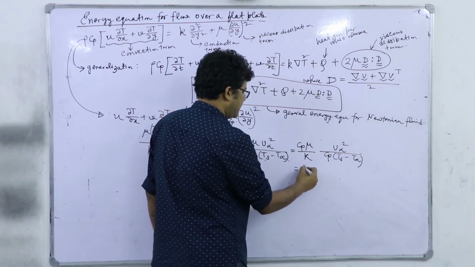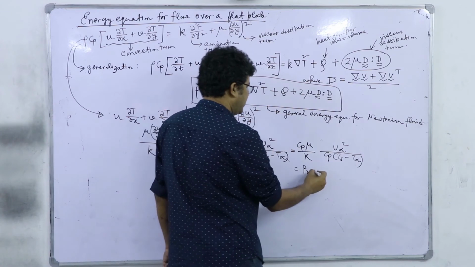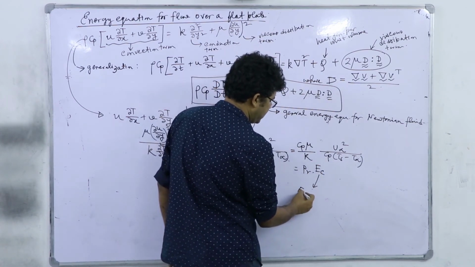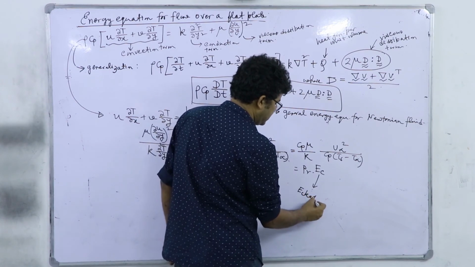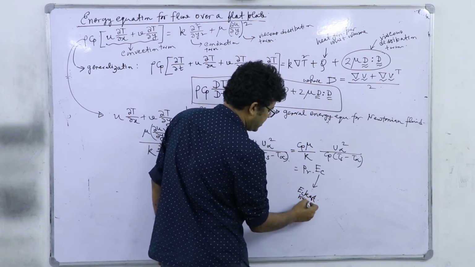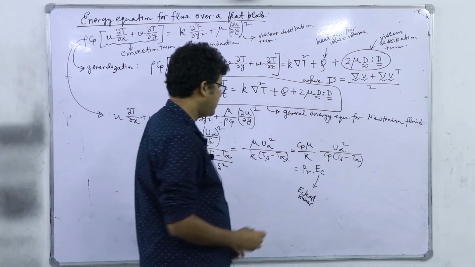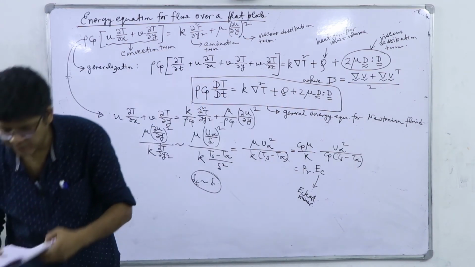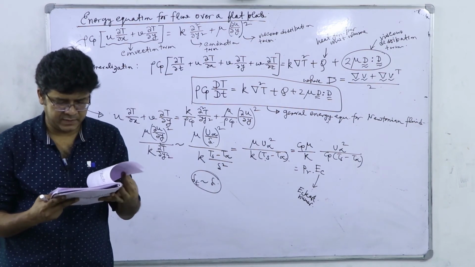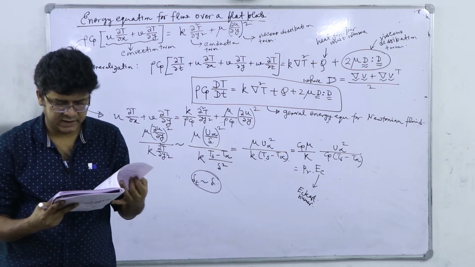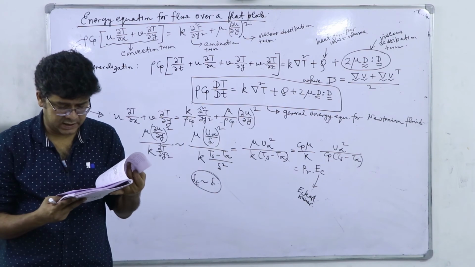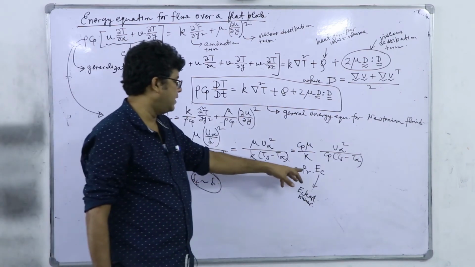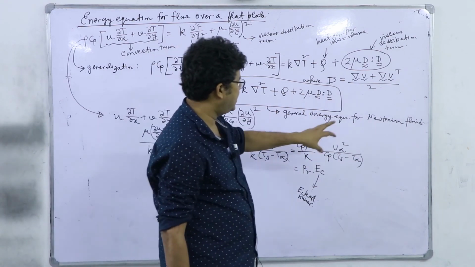Definitely this first term is the Prandtl number and the second is called the Eckert number. The second group, that is U infinity square divided by Cp into Ts minus T infinity, is called the Eckert number.